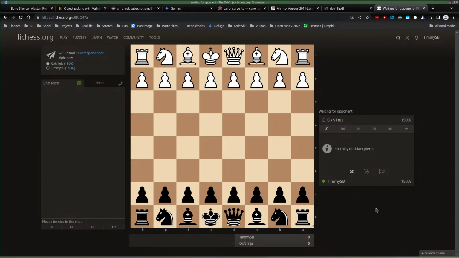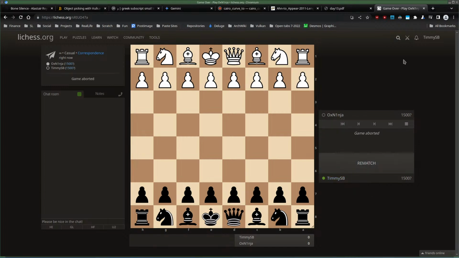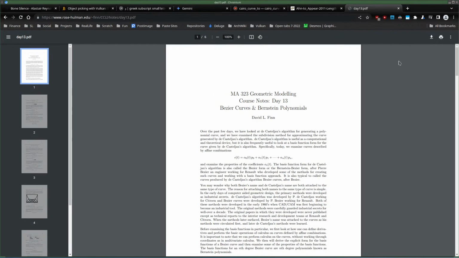My opponent is not there, and what did he do? Casual correspondence. Abort. I'm not going to play correspondence. Really not. One move a day. Nia would completely win, because I would get extremely bored.